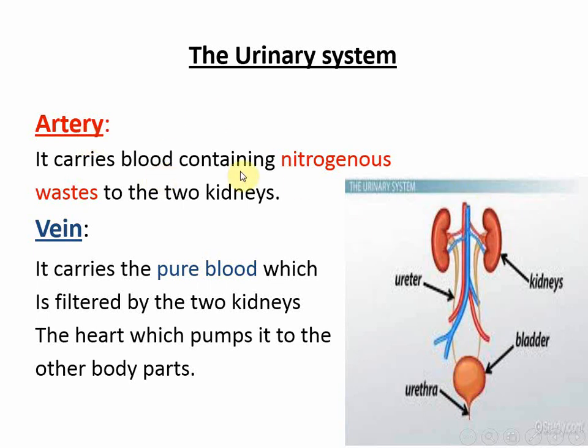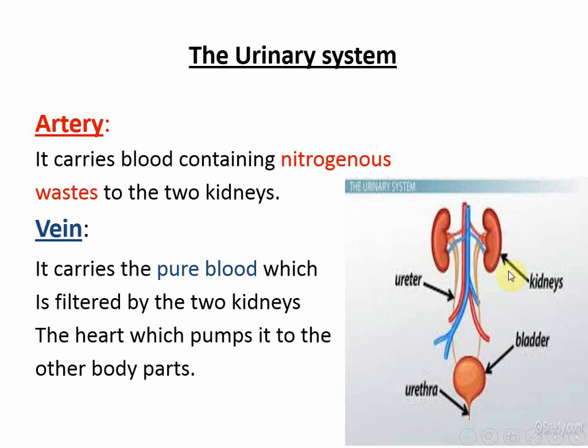This blood contains nitrogenous wastes and goes to the 2 kidneys. The nitrogenous waste, as we said before, is the waste produced from the breaking down of protein during digestion.